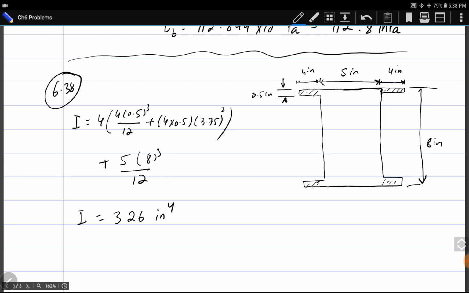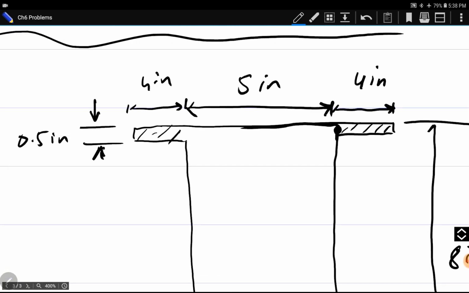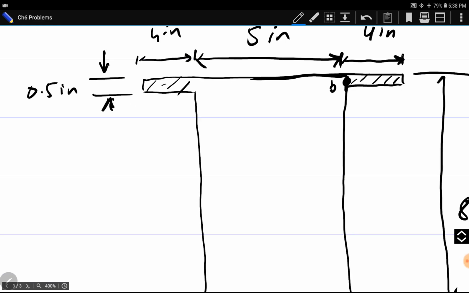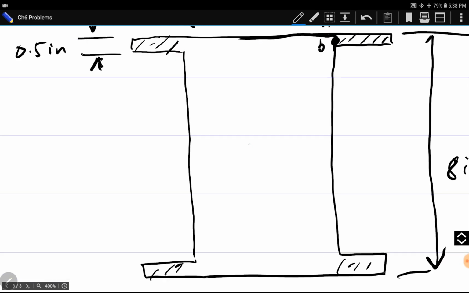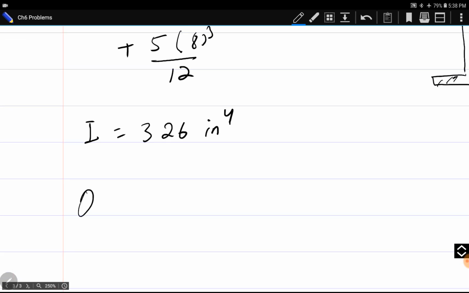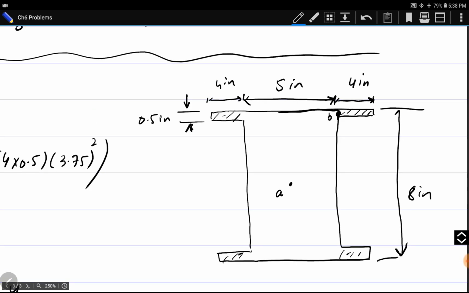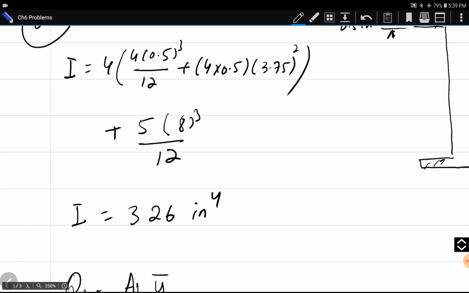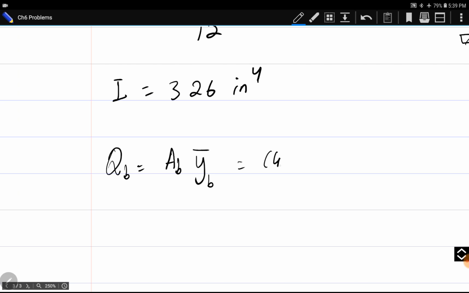Now this is point B, and here at the mid is point A. First I will find QB. QB is equal to area until point B into y to its centroid. Area until point B is this area, 4 into 0.5 inches, multiplied by YB.